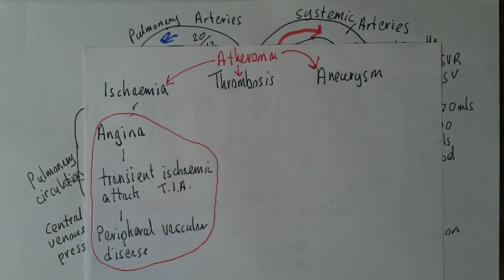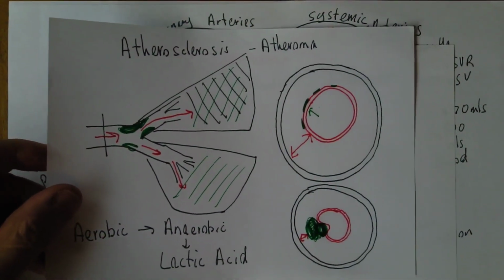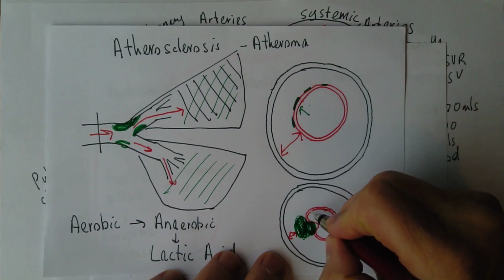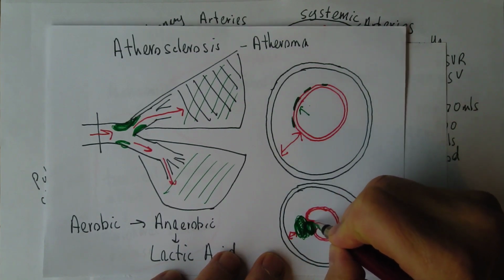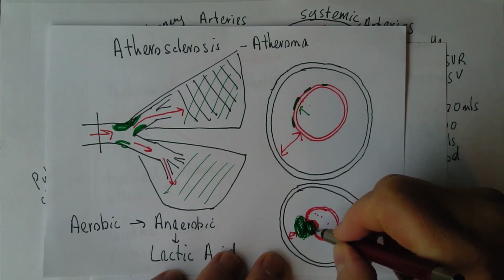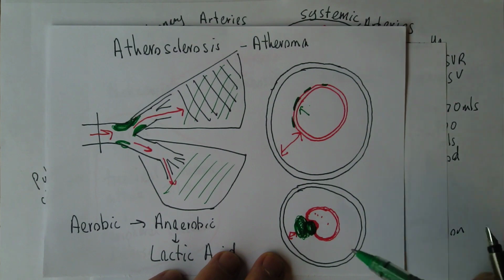Now, if we go back to this diagram, there's supposed to be a roof on this atheromatous plaque here. But if the roof of the plaque is damaged, then the blood can come into contact with the core of the plaque.